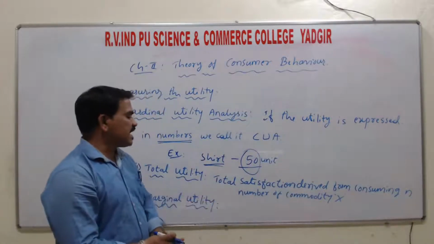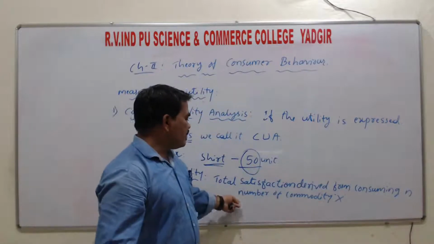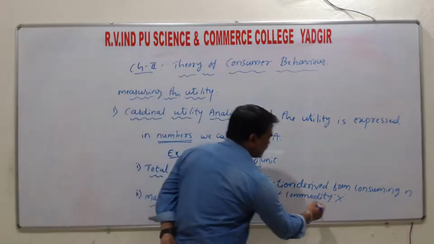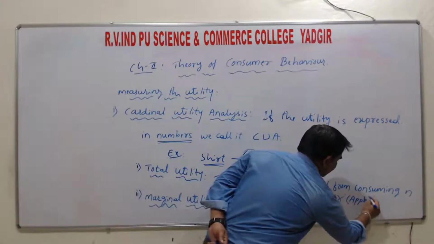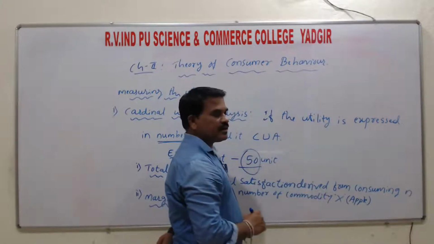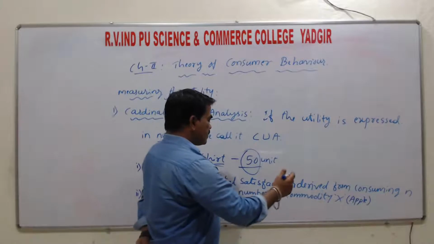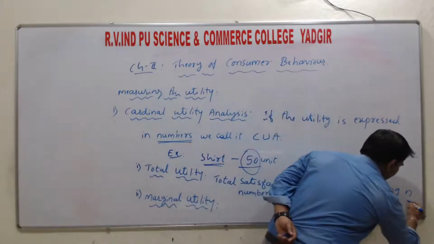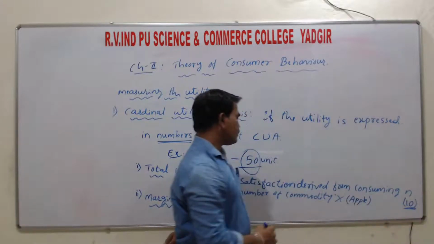It is total satisfaction which is derived from consuming n number of commodity X. So what do you mean by that? So we will say commodity X means you can say this is apple. The commodity which I am considering here is apple, and the quantity consuming n number of apples. How many? I can say 10. The quantity I am specifying here 10.